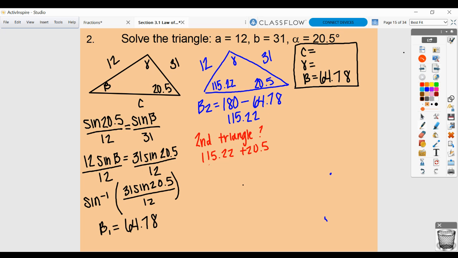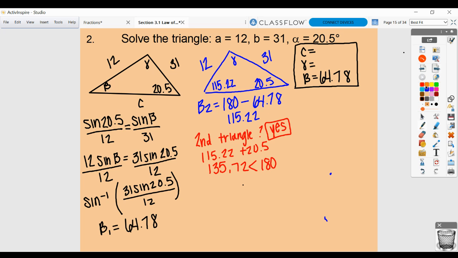And you get 135.72. So this is less than 180. So you have a second triangle. Okay, so you need to finish solving this first triangle and then go finish solving the second triangle.